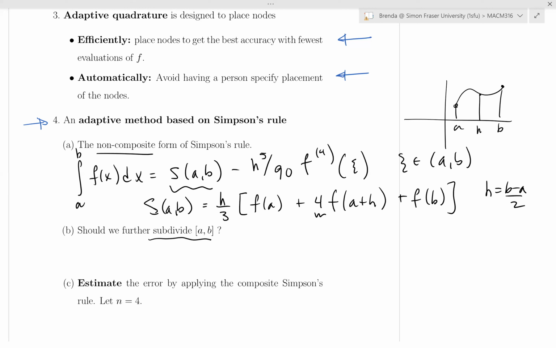And we've made an estimate of the area under the curve. Now we're asked, should we further subdivide? And if so, should we divide it like that? Or should we divide like, who knows? What should we do? Where should we put further nodes? That's what we're asking ourselves. We don't actually know the error term as usual, so we don't know how large the error is.